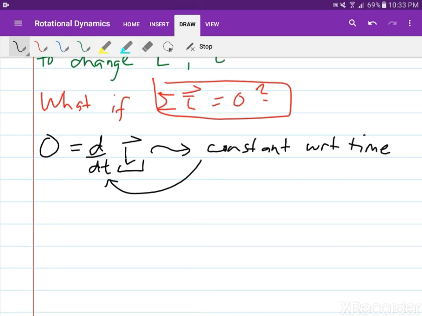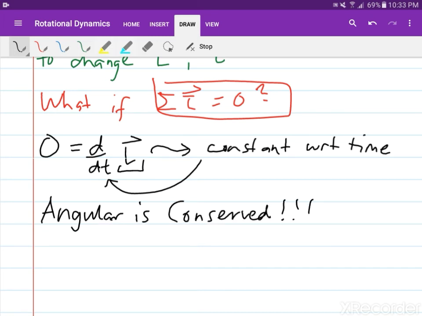So meaning angular momentum is conserved if the sum of net torques acting on it is 0. So we have our conservation of angular momentum.